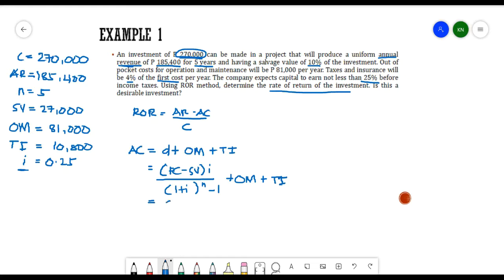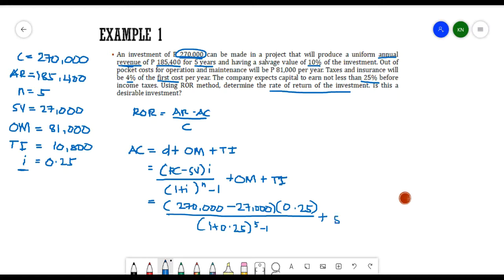Substituting the values, we have FC is 270,000, that is our capital investment, minus the salvage value, which is 27,000, multiplied by our interest, 0.25, divided by 1 plus 0.25 raised to n, which is 5, minus 1, plus our operation and maintenance, we have the 81,000 pesos, plus the taxes and insurances, so we have 10,800.